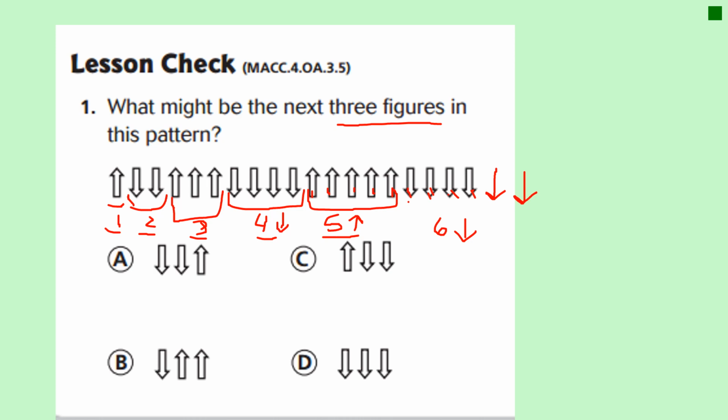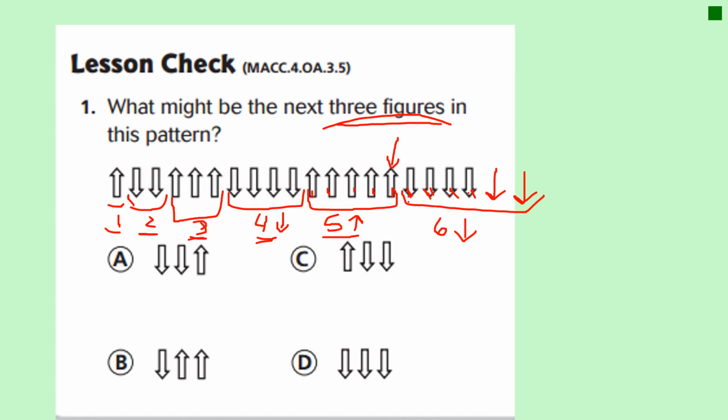Okay? Well, so you know what? I called all these figures before, but what they're talking about is each individual arrow, and this one is a figure. So the next 3 figures are the next 3 arrows you're going to draw. So 6 down. 1, 2, 3, 4, 5, 6. Okay, so you're going to draw a down and a down.